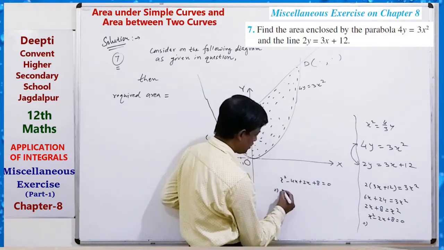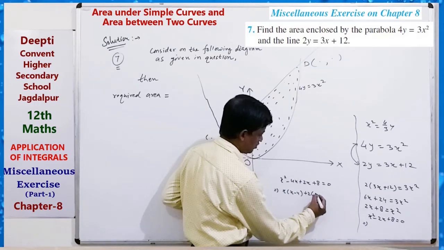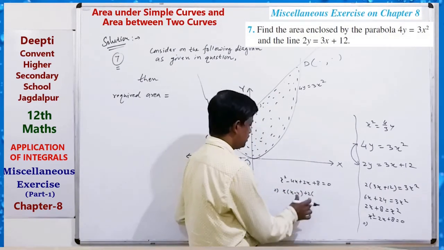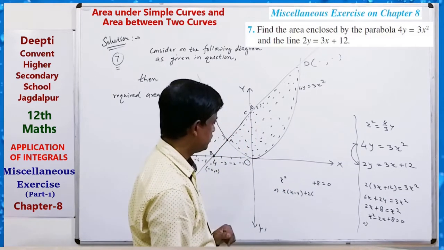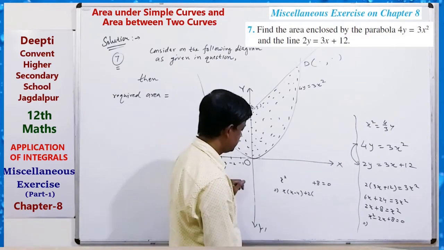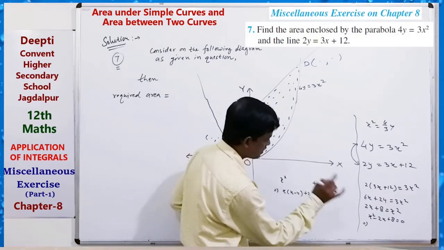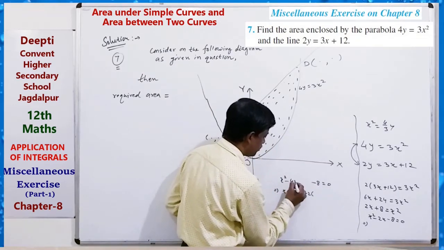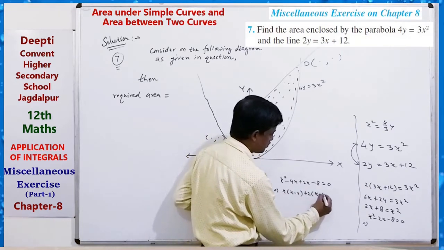So x common, x minus 4, plus 2 common, x minus 4 equals 0.